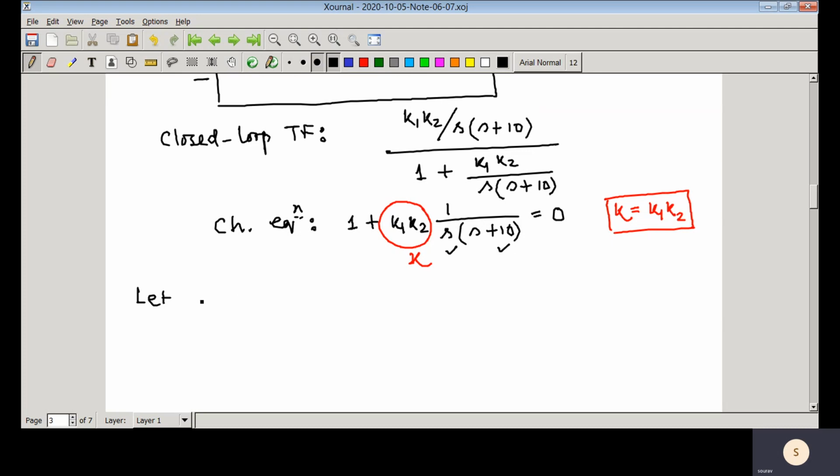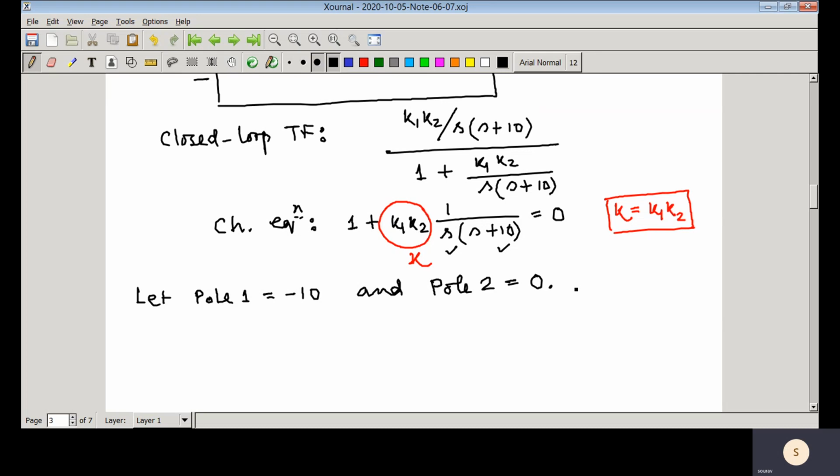Let us label pole 1 as minus 10 and pole 2 as the origin. So two open loop poles are there.